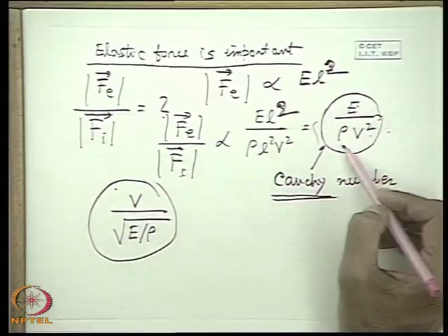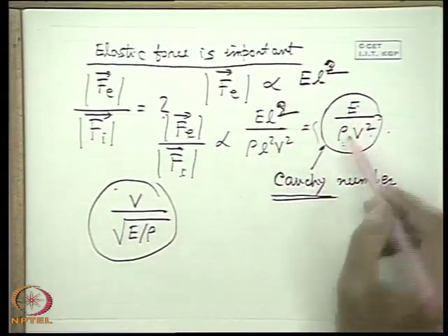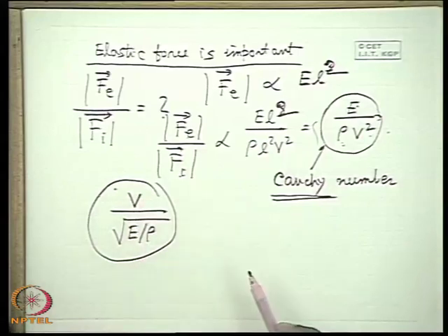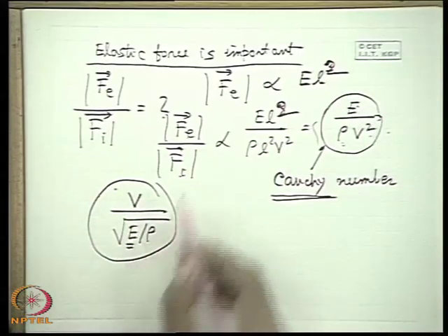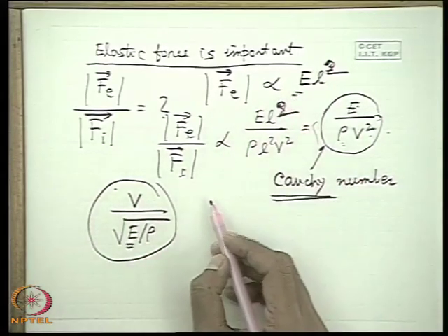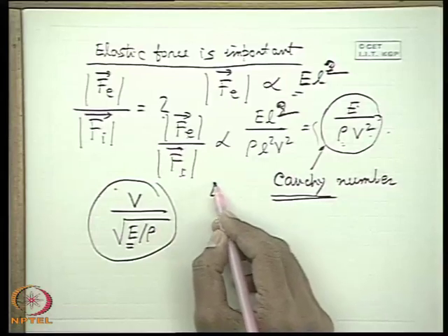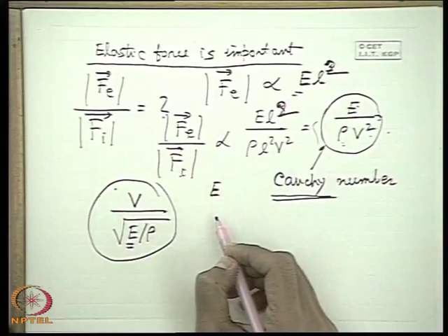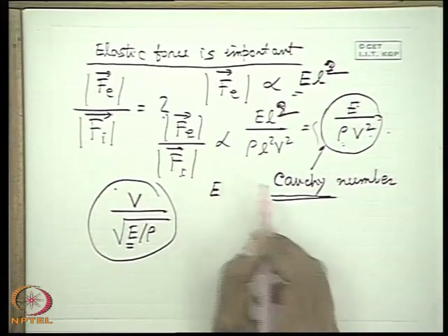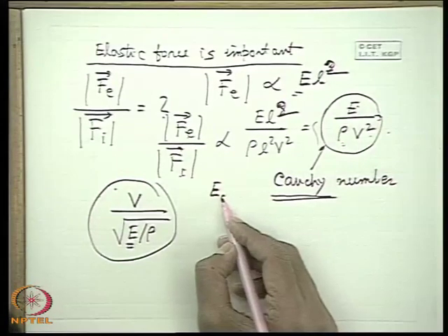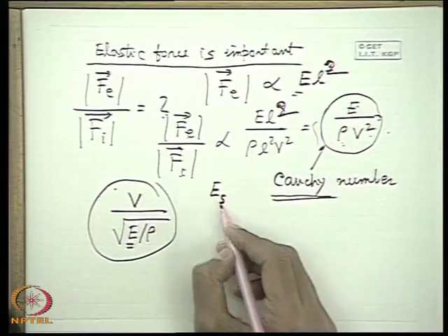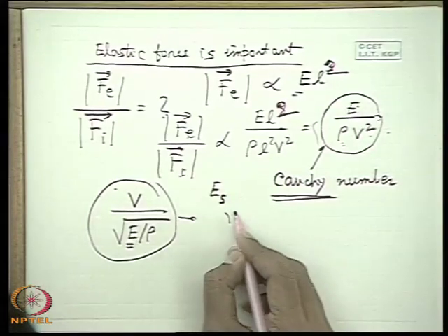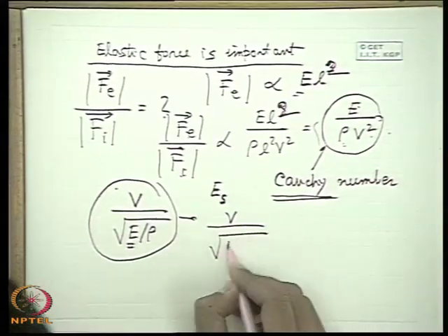Doesn't matter because you take the reciprocal of this number with a square root, we get this. Now you know the bulk modulus of elasticity in case of gaseous system, we have to specify another constraint for the path for which the pressure and volume changes. So if we make the changes in an isentropic process Es, then this term will come V by root over Es by rho.